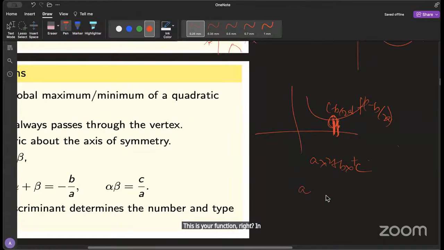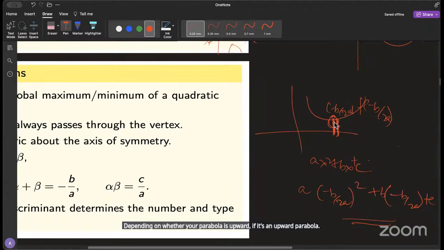In place of x, you only have to put minus b by 2a: a times minus b by 2a squared, plus b times minus b by 2a, plus c. That's it. This is going to give you the minimum or maximum, depending on whether your parabola is upward. If it's an upward parabola, then you will get a minimum. If it's a downward parabola, this will give you a maximum. Is that okay?